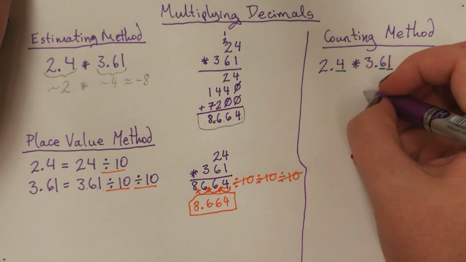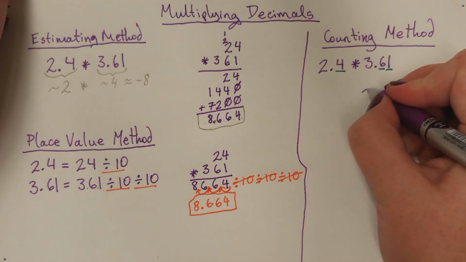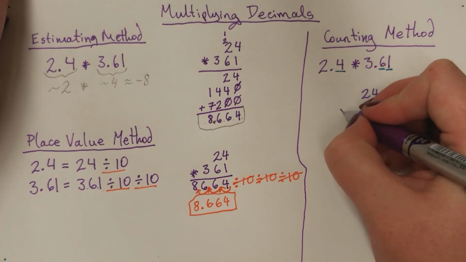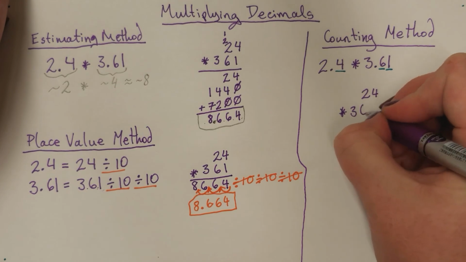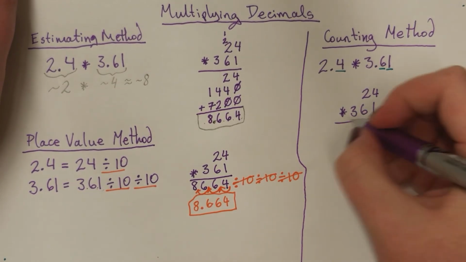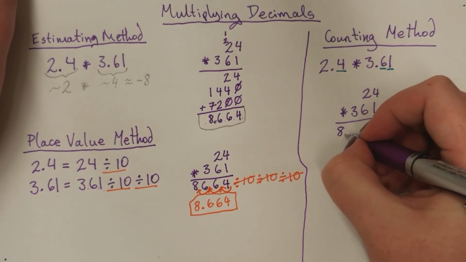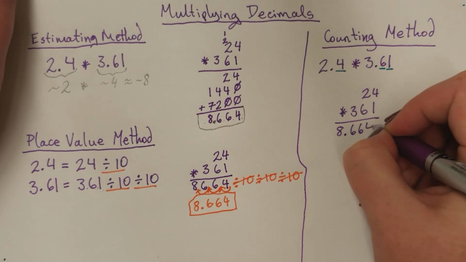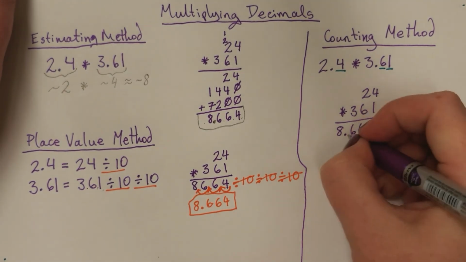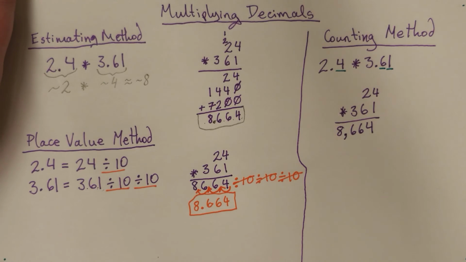So when we do our whole number multiplication, 24 times 361, and get our answer of 8,664, I should say.